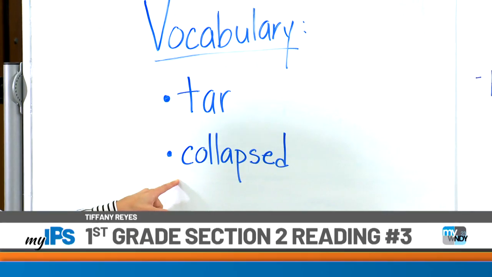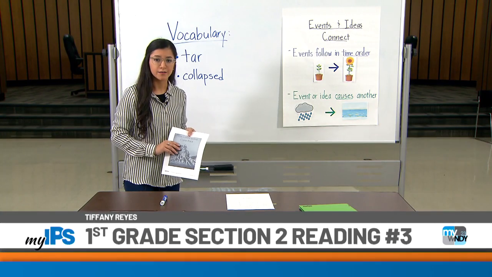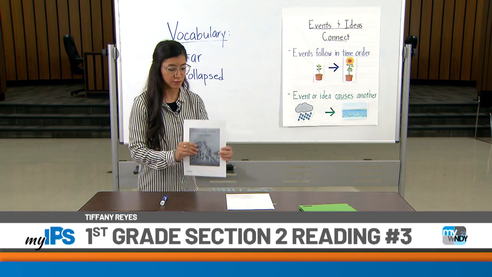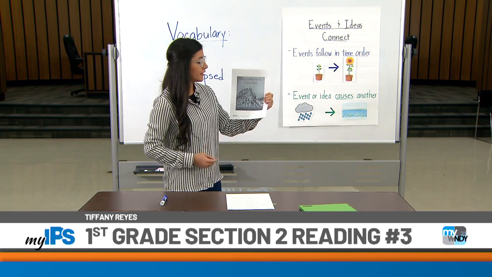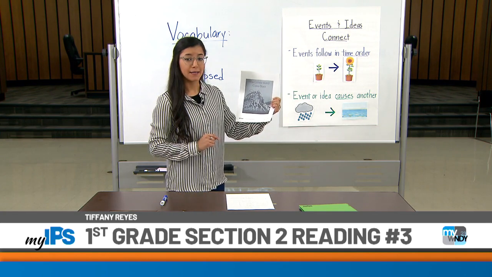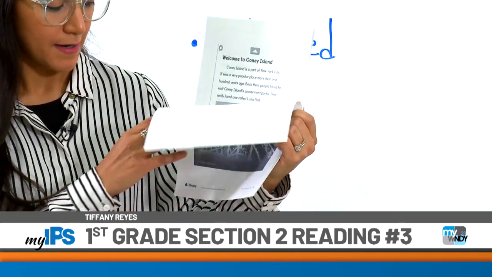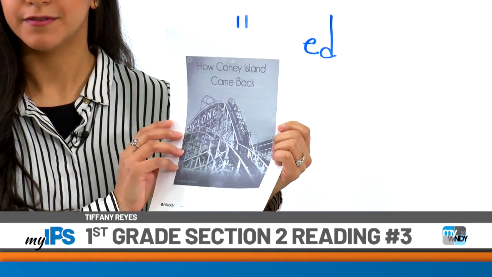And the word collapsed, which basically means when something suddenly falls down, okay? You might see those words, but you already know the meaning. So let's read. How Coney Island Came Back by Mike Gordon.